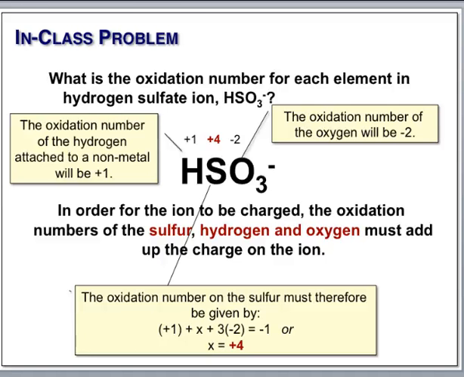In order for this to wind up with a net negative charge, we need our 6 negatives here and only 5 positives here. So we must have 1 negative charge left over.